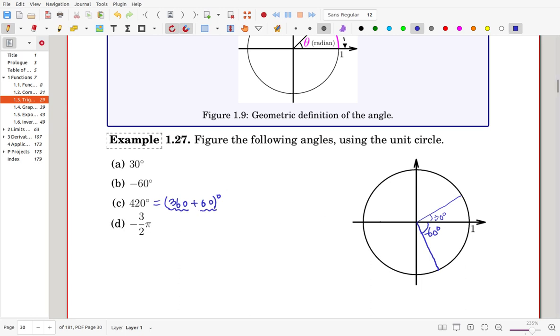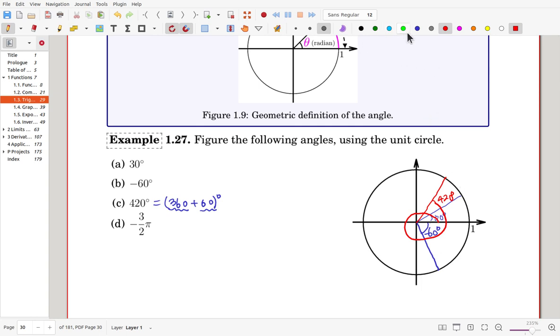But anyway, we make one whole circulation in the beginning, and 60 degrees more. So eventually that is 420 degrees.